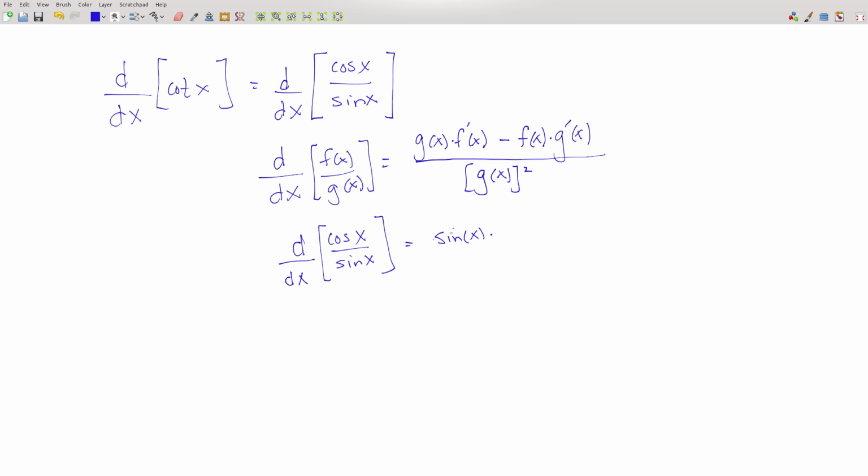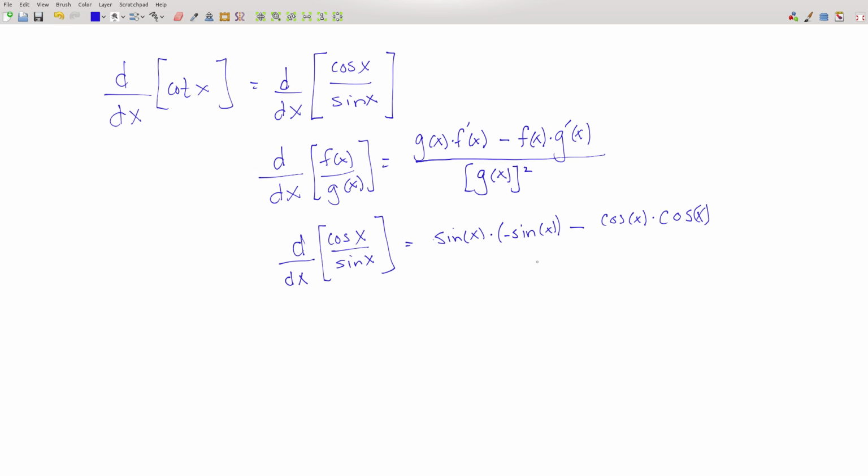The derivative of a cosine is a negative sine, minus the top, which is the cosine of x, times the derivative of the bottom. The derivative of the sine of x is the cosine of x.